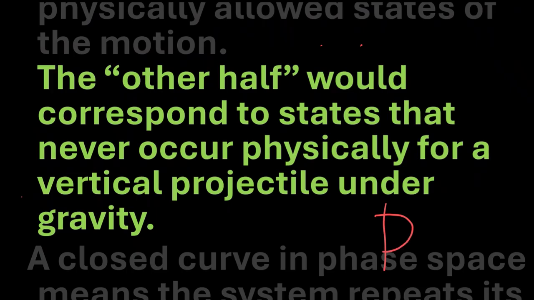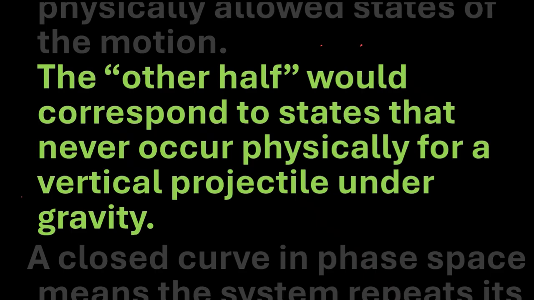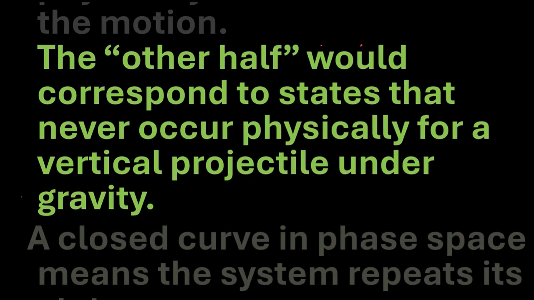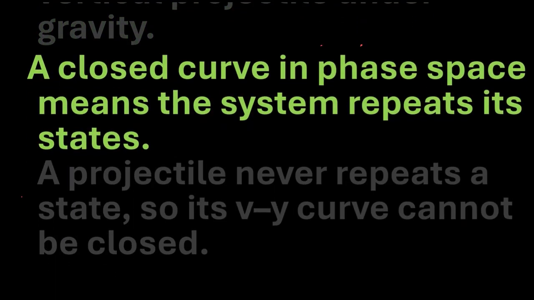And then if we assume this much is correct, because at one displacement there are two corresponding velocities, plus v and minus v, it should also be true for the rest half of the circle. But then for a vertical projectile under gravity, such states physically don't exist, which means a closed curve in phase space clearly implies that the system repeats itself in a loop, right?